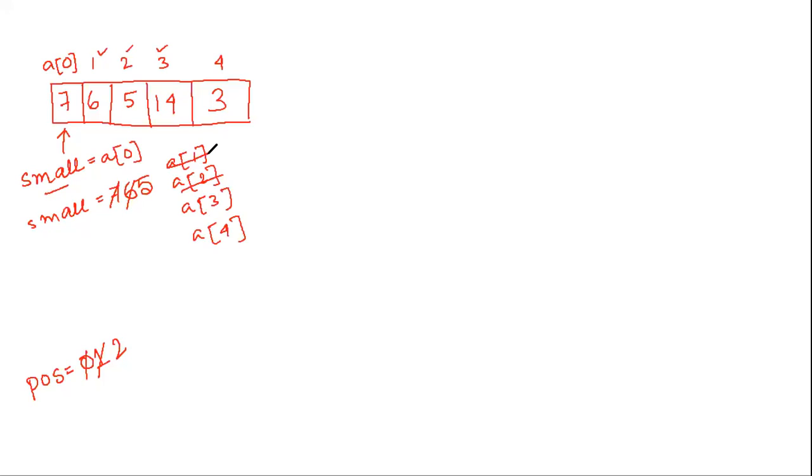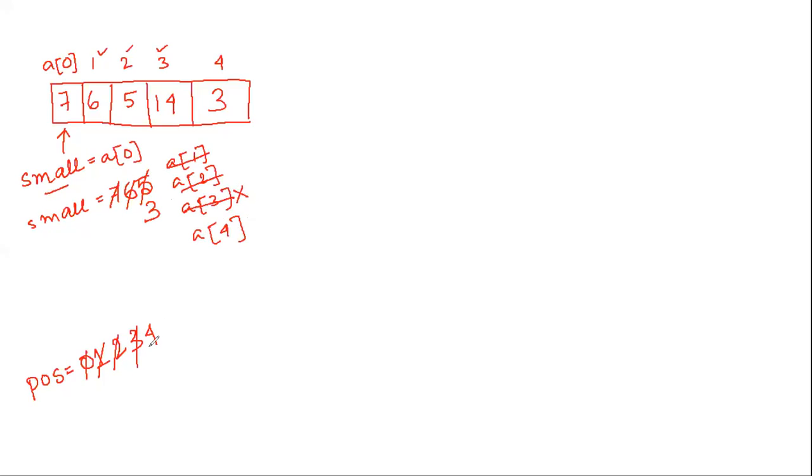Now, again, I will skip to the next, A4. So A3 is also traversed, now A4. If I check 5 and 3, my 3 is smaller. So yes, I will update my small value and I will update the position value.